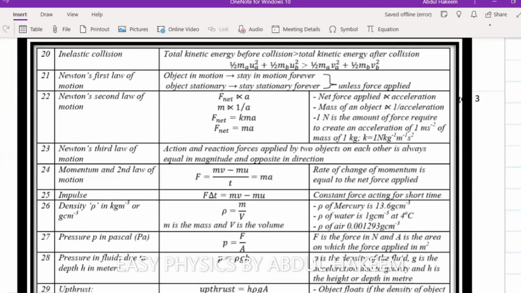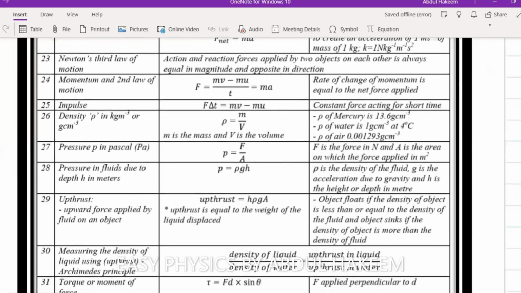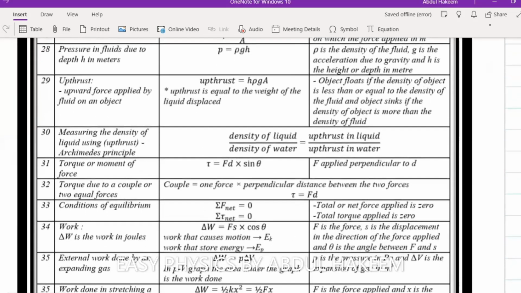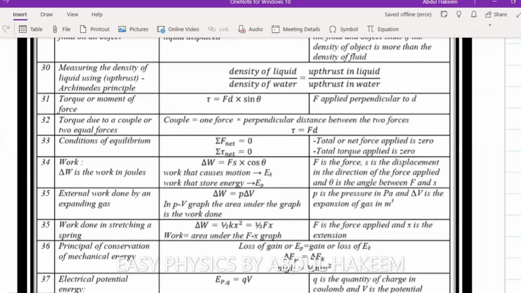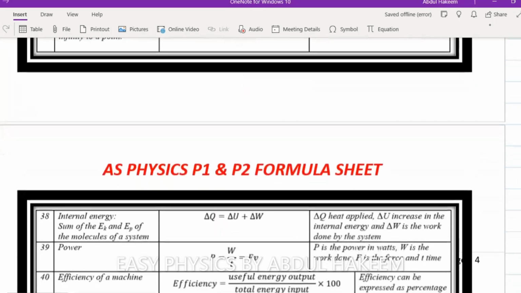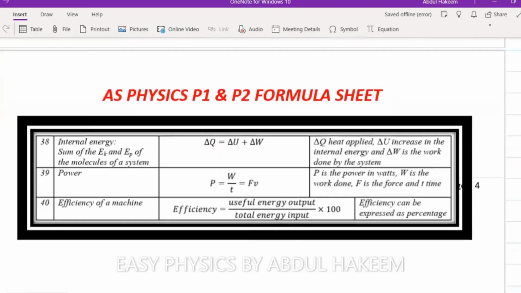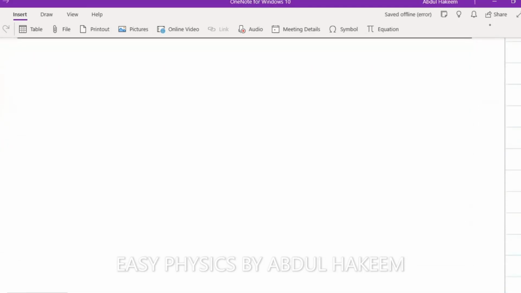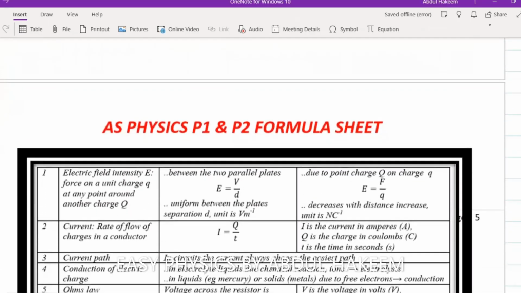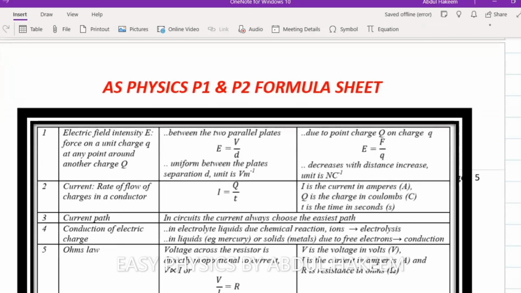Then dynamics, then density, turning effect, force formulas, then work, energy, and power, each and everything, efficiency. You have to learn these. So this is the electric field strength.